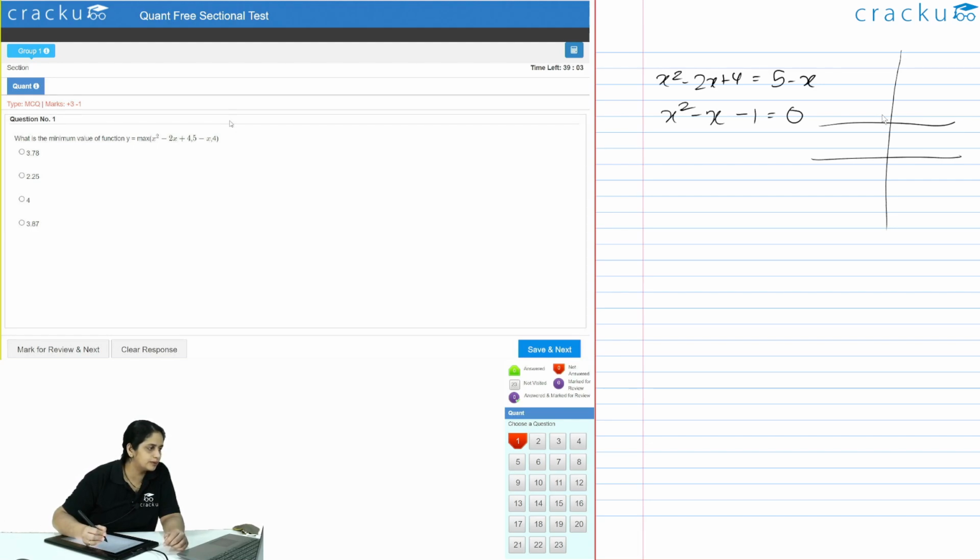Only intersect equal to 0 at exactly x equal to 2.